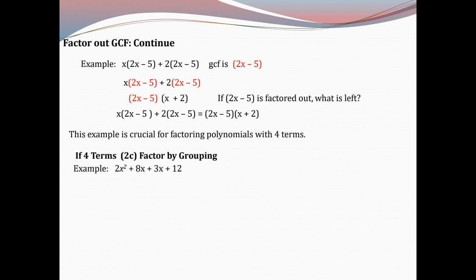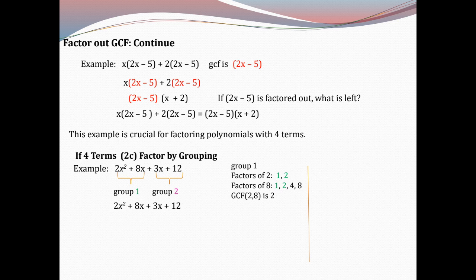So for instance, I'm going to cut this in half and create 2 groups. The first group is made out of the 2x squared plus 8x, and then the second group is the 3x plus 12. Okay, so let's go ahead and simplify each one independently. I'm going to look at group 1 first, but I'm going to look at just the numbers first.